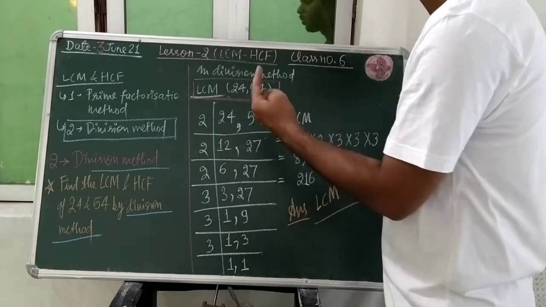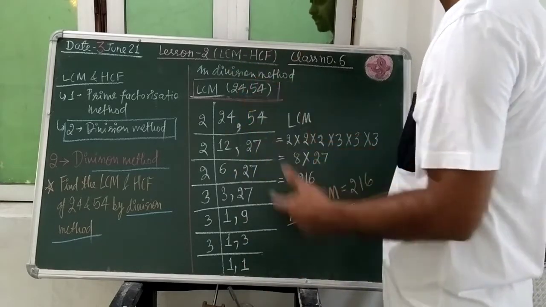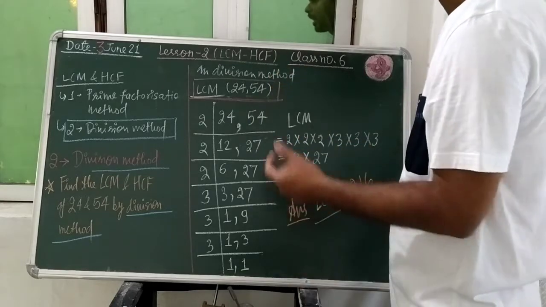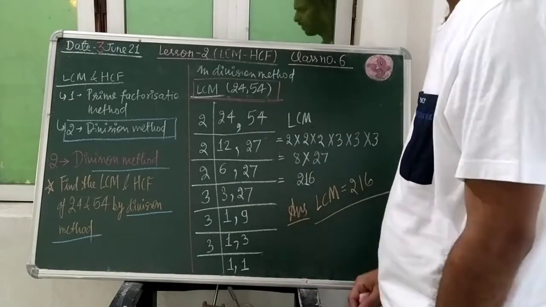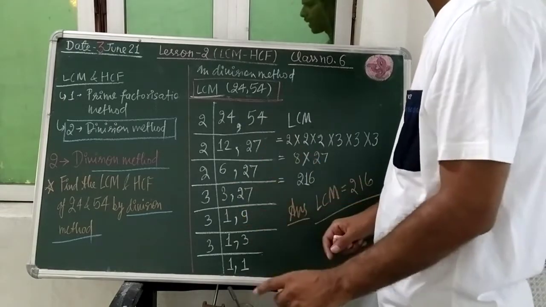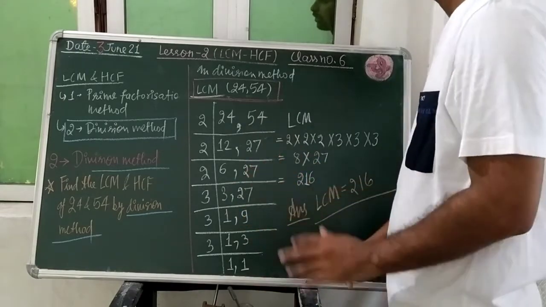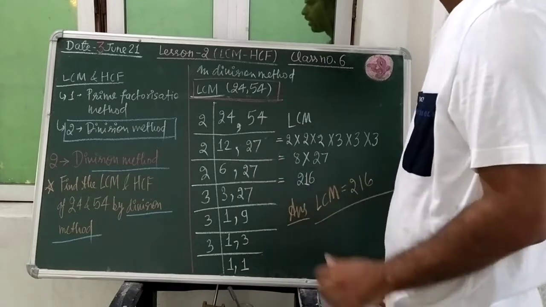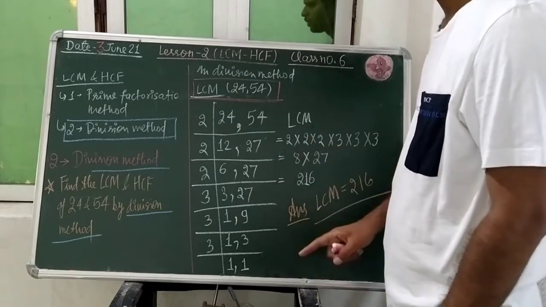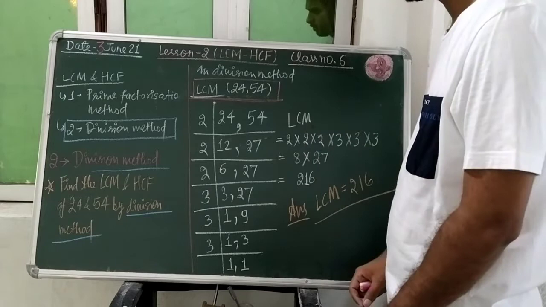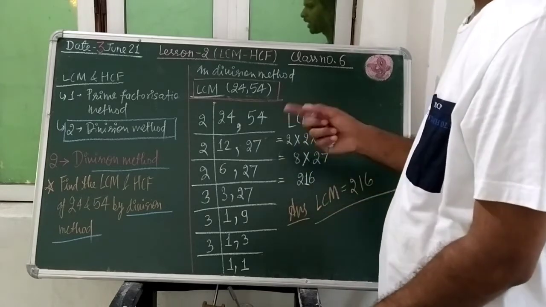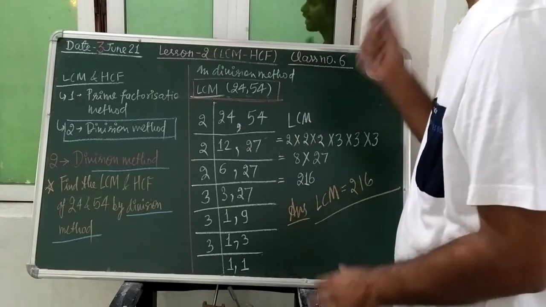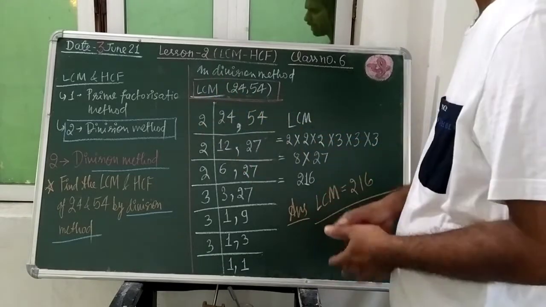Look students, in the prime factorization method we were selecting only one number. Since we want to know the prime factors, and one is neither prime nor composite, we will not talk about one. We shall start from 2 for composite numbers in the case of prime factorization, and we will move up to 11.